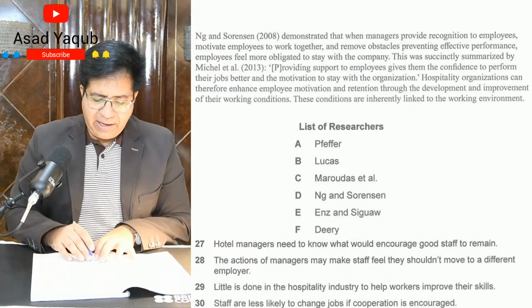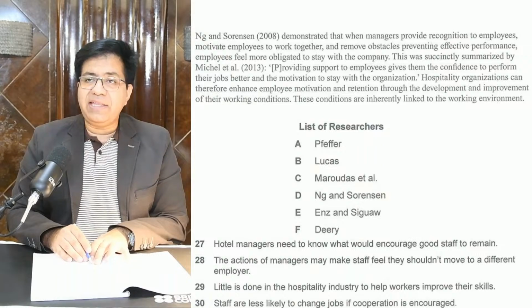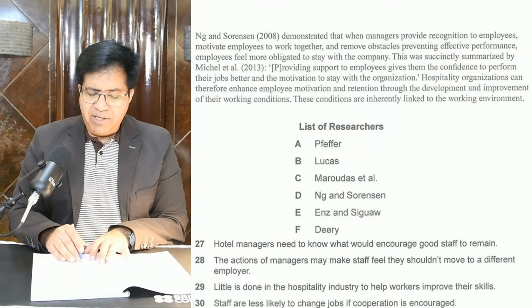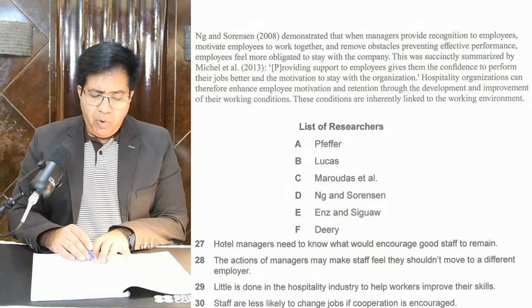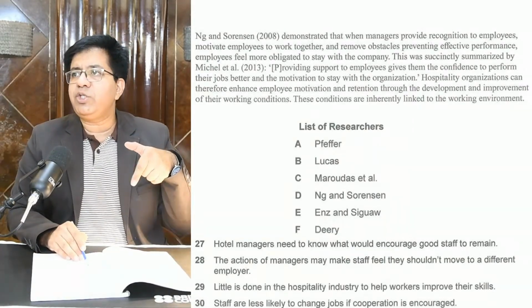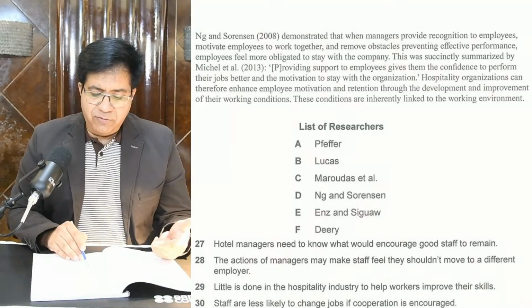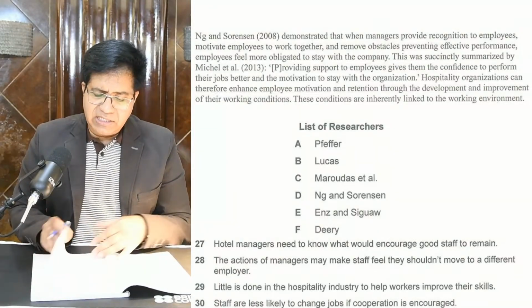Now please come back. What is cooperation? Working together. NG and Sorensen demonstrated that when manager provides recognition to employees, motivate employees to work together. When you work together, it means you are cooperating with one another. So question number 30 and question number 28 answer is D.